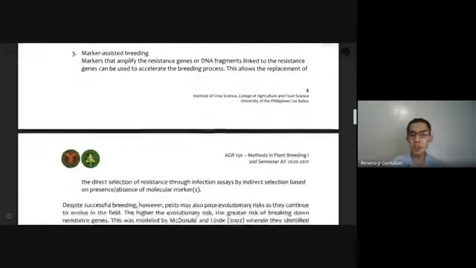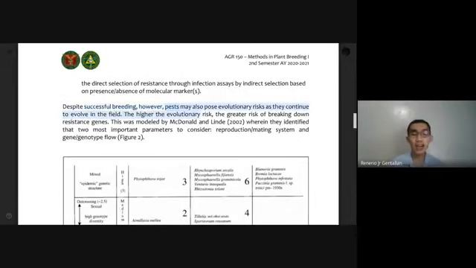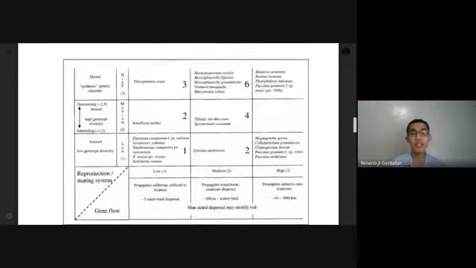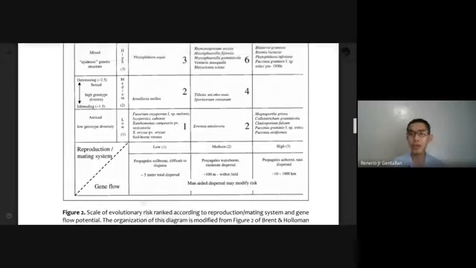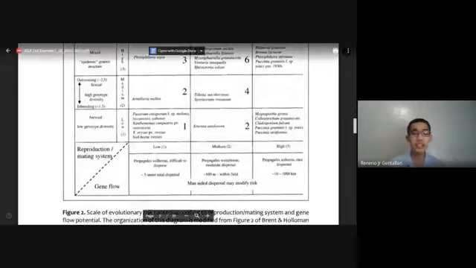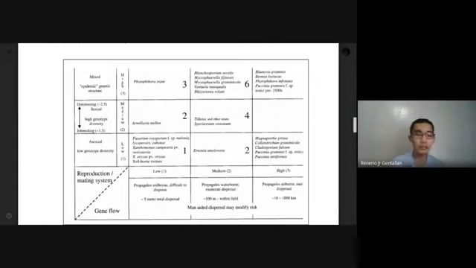Okay, so after which we also discussed that many pests pose evolutionary risk, as I've said, and the higher the evolutionary risk, the greater the chance of breaking down the resistance gene. This is just a function of two important parameters according to the model of McDonald and Linde in 2002, which are the gene flow, where the higher the gene flow, the higher the evolutionary risk, and of course the reproduction or mating system.